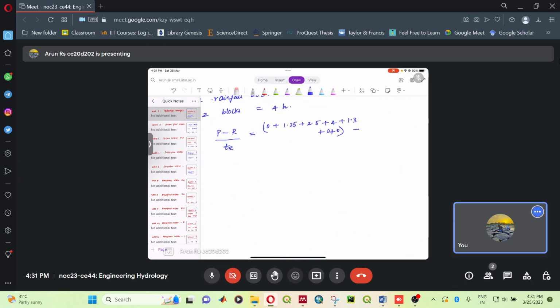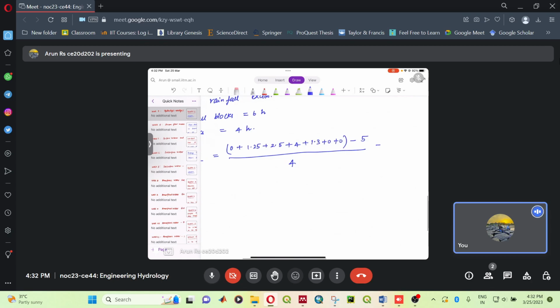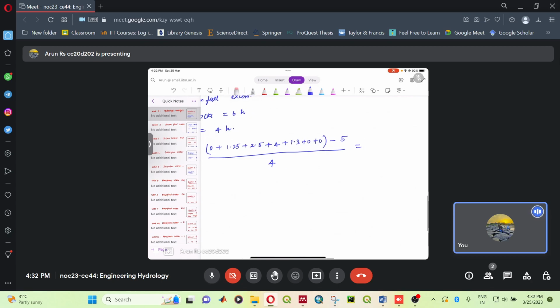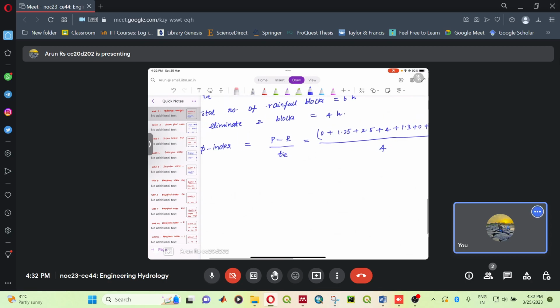Then minus your rainfall excess is 5 centimeters. Since we have eliminated the two blocks, we have to put the time of excess rainfall period as 4 hours, and this will give you 0.81 centimeter per hour.